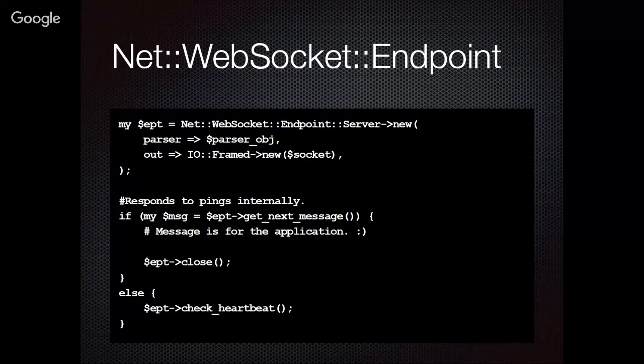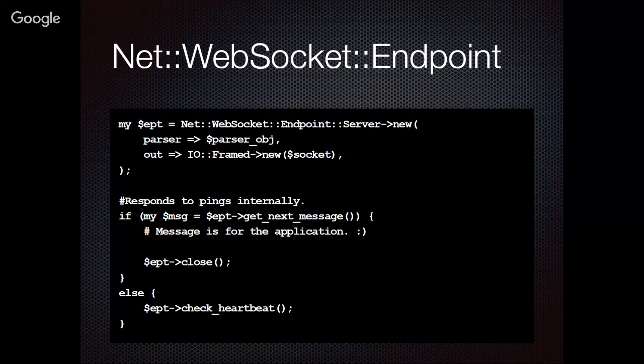So, wrapping all of that up, the endpoint class does some of the higher level protocol logic. This is where you'll get automatic handling of pings, and of close if the peer closes the connection or if you want to close the connection. You don't have to know the specifics of what to do when a ping comes in, because it conceals it from you.